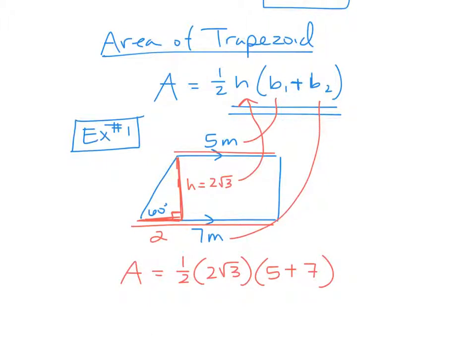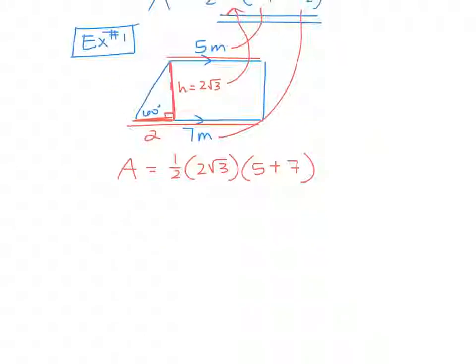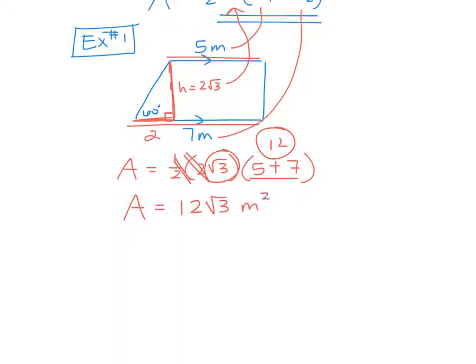We have to add the 5 and 7 together before we can multiply things. And we're going to leave it in simplest radical form. So this would be the area equals 1/2 times 2 is 1. 5 plus 7 is 12. So all we're left with is rad 3 times 12, or 12 rad 3. And its area, so square meters.